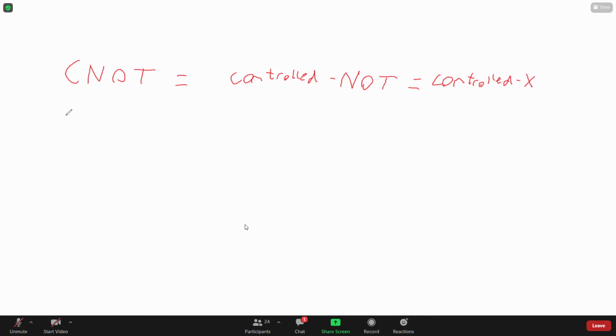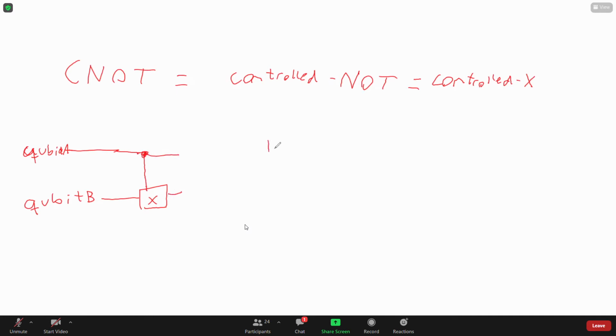And what that means is that if we have a qubit, let's say here we have a qubit A, and then we have a qubit B, now what we can do is apply an X gate on qubit B, but controlled on qubit A, and we draw that like this.